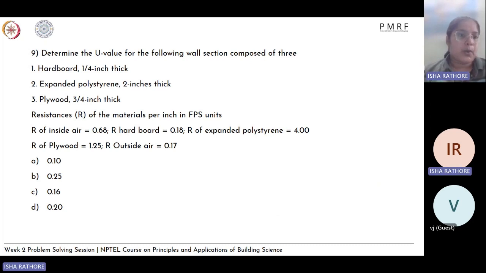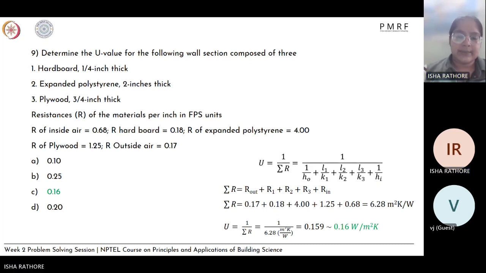This is also a very straightforward question compared to the calculation of U value based on thicknesses and thermal conductivities. Okay, so this is also very simple.